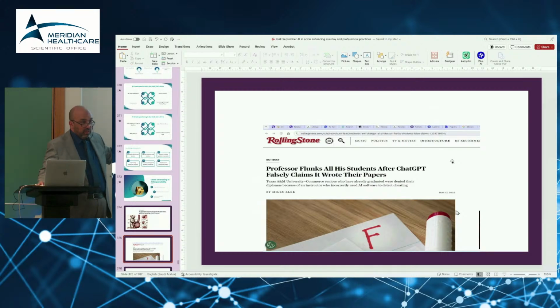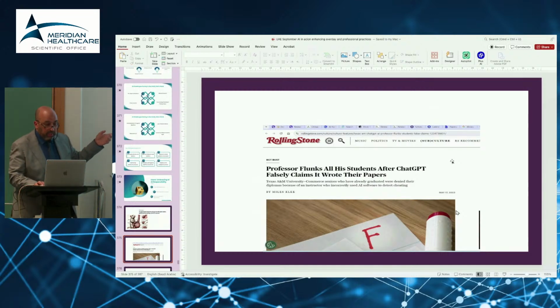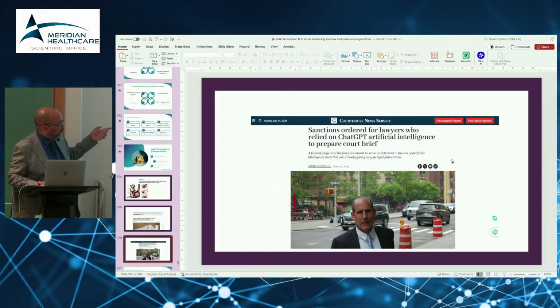And this is another issue related to misuse of AI. The third example is a lawyer in the US who used ChatGPT for writing his notes in one of his cases, and wrote the references using ChatGPT.